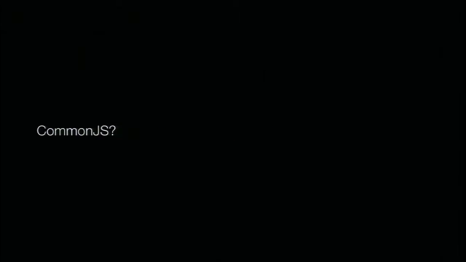So this talk is about structure, and it's about building large JavaScript apps. One of the secrets to building large JavaScript apps is CommonJS modules. So what are they? They have two properties. You can expose properties to other modules, and you can require in other modules. The syntax looks a bit like this.